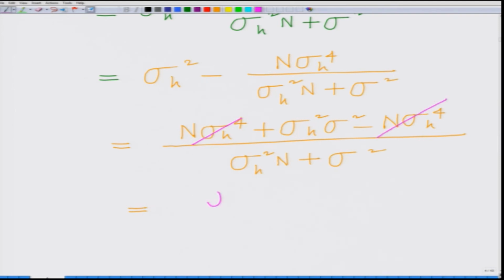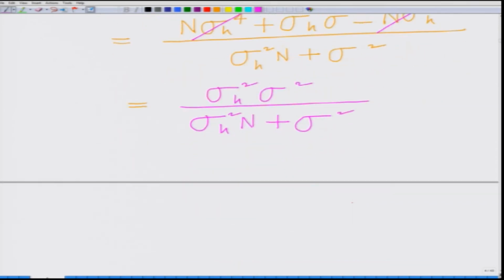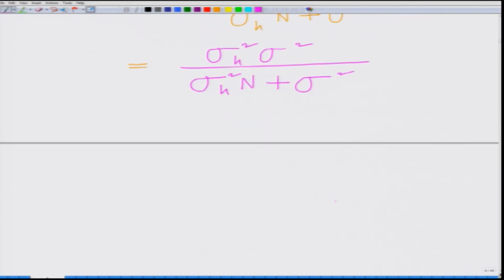So what you have is sigma_h square times sigma square divided by sigma_h square n plus sigma square. Now, to simplify further, we are going to divide both the numerator and denominator by this quantity, sigma_h square times sigma square.